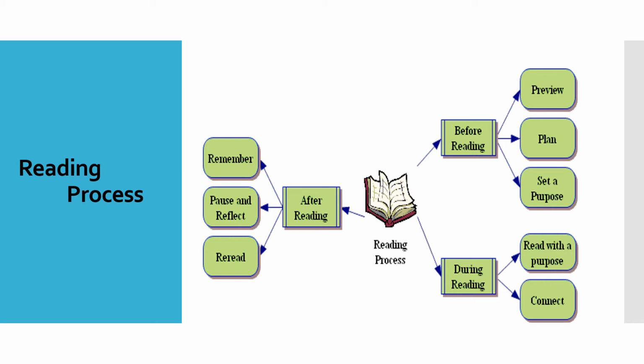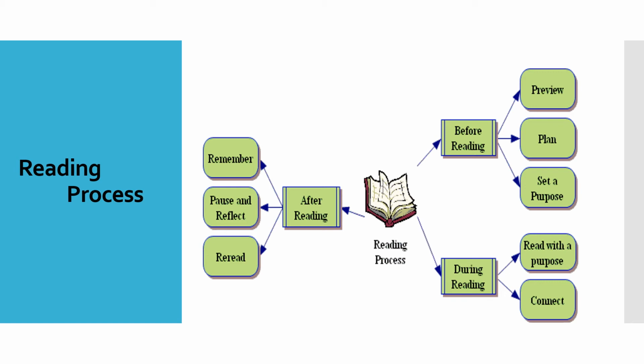Once the entire process of before, during and after is complete, then we call it the reading comprehension process. If you are not able to connect to the text, or reflect after reading it, that means you have not really done the reading in the right manner.